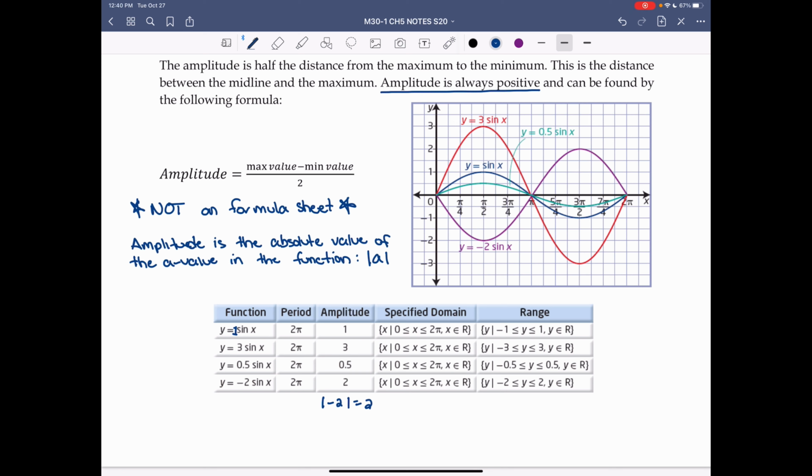So we can see how the amplitude affects the range. We can write a note for functions where k equals 0, which means there is no vertical shift.